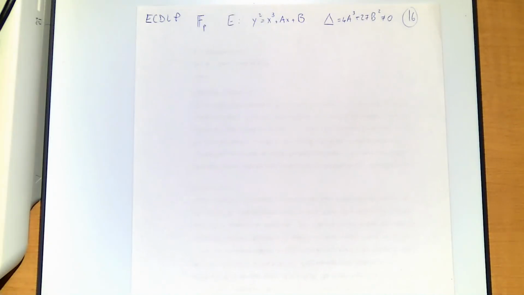Okay. So what is an elliptic curve defined over a finite field? It is exactly the set of points, like we would imagine over the real numbers, that satisfy the equation, right?